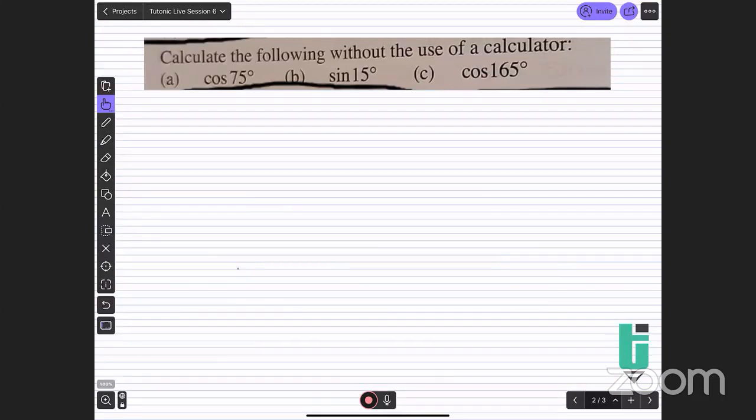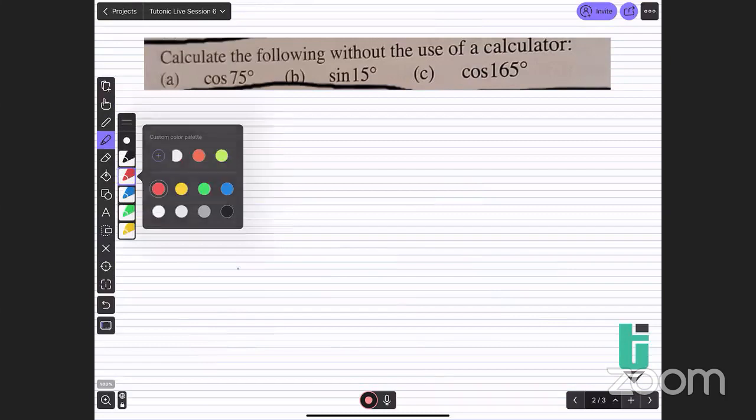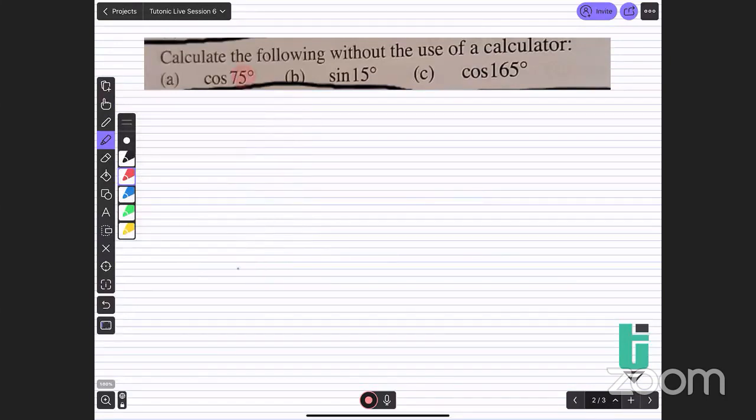So I think we can use the special angles and then break them down. Is 75 a special angle? No, we break it down into 2 special angles. So it will be like 30 plus 45 gives you 75, and those are special angles. Yes, well done. So do you guys agree 75 in itself is not a special angle, but it's composed of 2 special angles? Because if we add 2 special angles, it can.